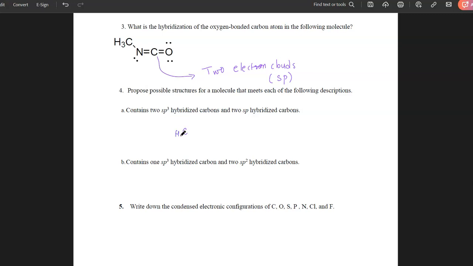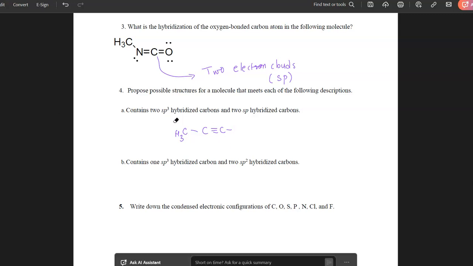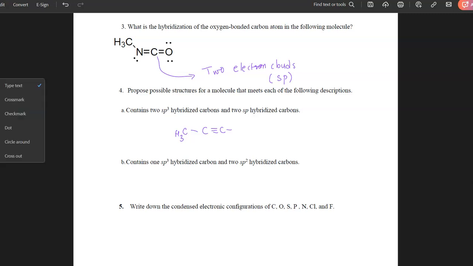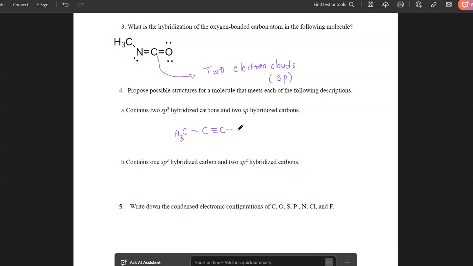If I draw a CH3 and then another carbon with a triple bond to another carbon, that should help me fulfill this condition. Oh sorry, no, it has to have two sp3 hybridized carbons. So maybe I can put another carbon here, and again put a CH3.